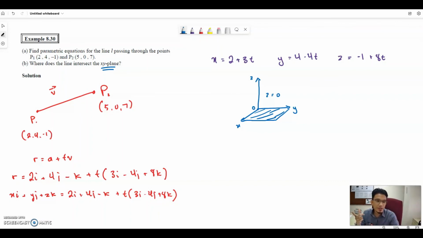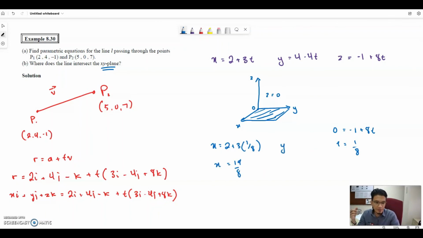So we have to substitute z equal to 0 into negative 1 plus 8t. So we have our value for t equal to 1 over 8. By using this value of t, we can determine the coordinates. x equals 2 plus 3 times 1 over 8, so x equals 19 over 8.